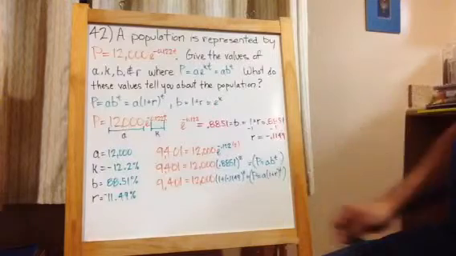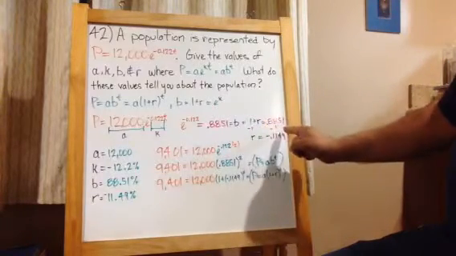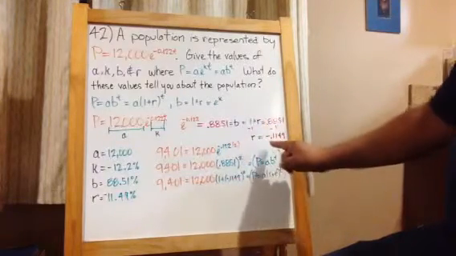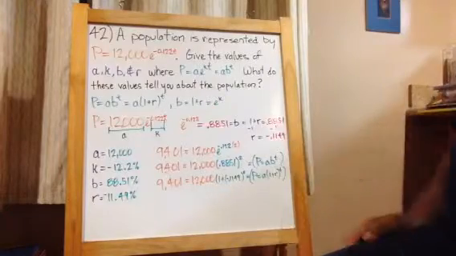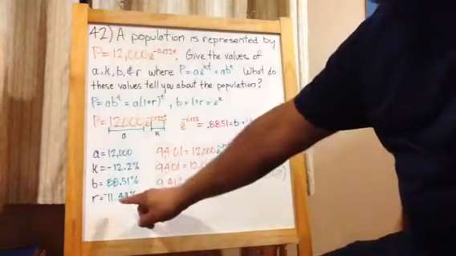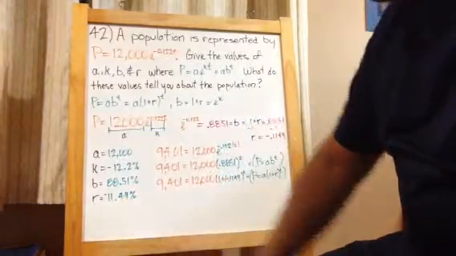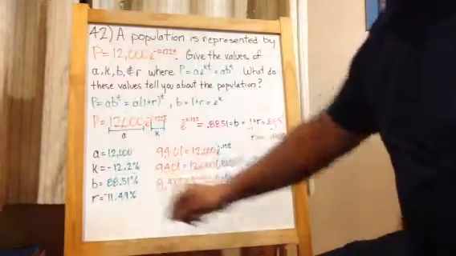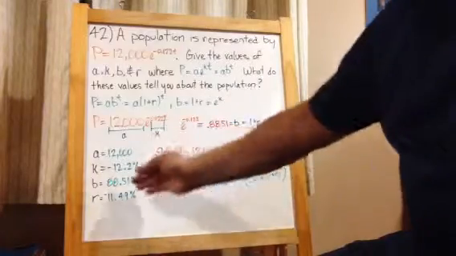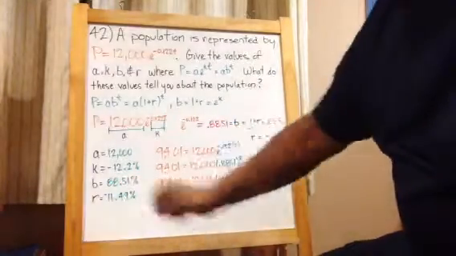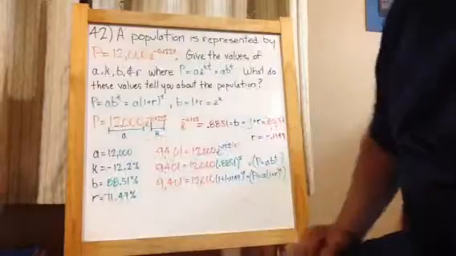So let's figure out what r is. I subtract 1 from both sides, and I get r is equal to negative 0.1149. Well, we're going to go ahead and change that to percent, and we're going to get negative 11.49%. So we have our b number up here in decimal form. We're going to change that to 88.51%. So now we have all our numbers.